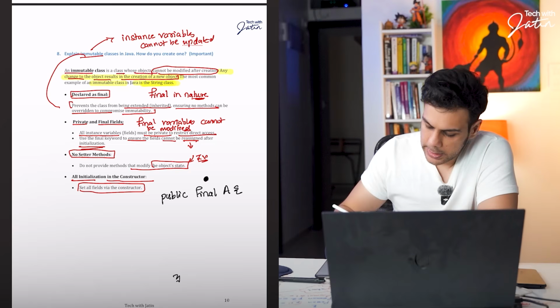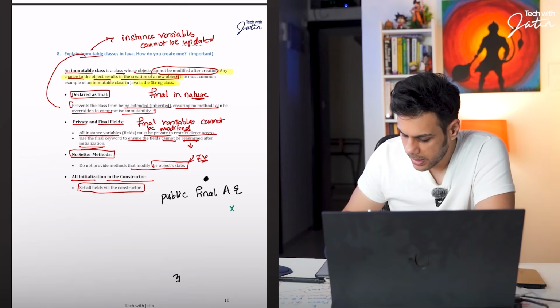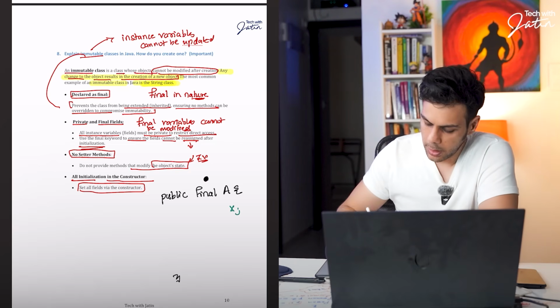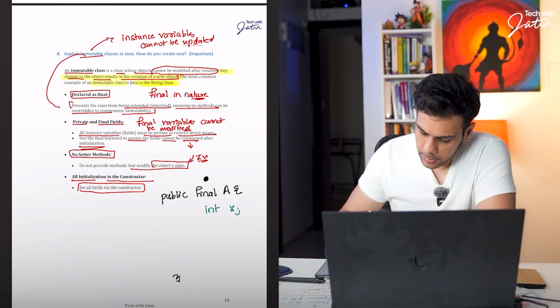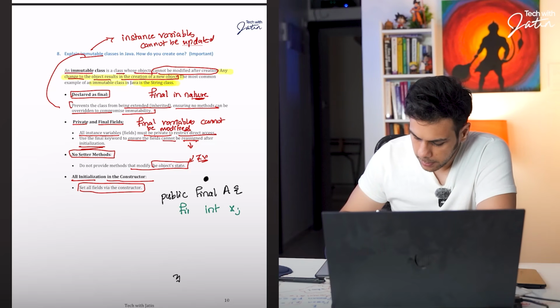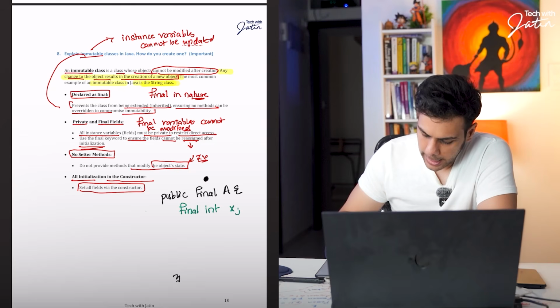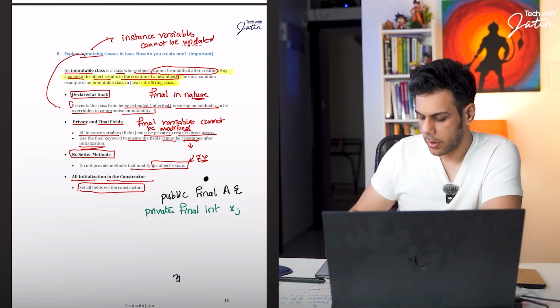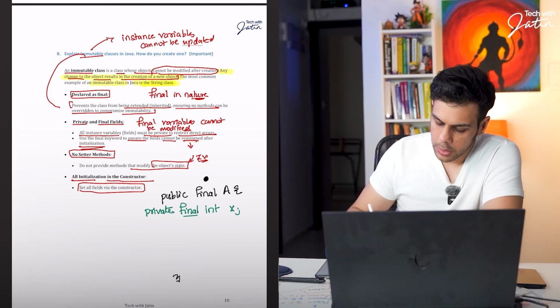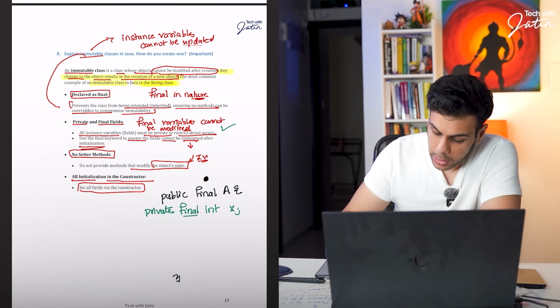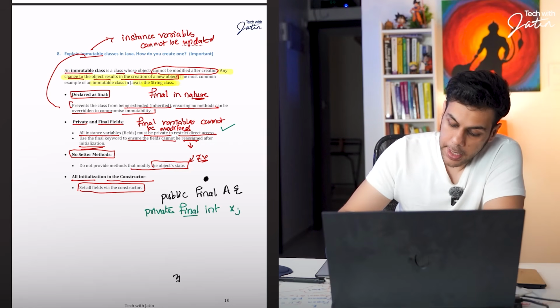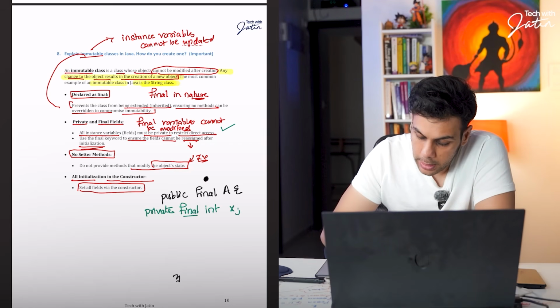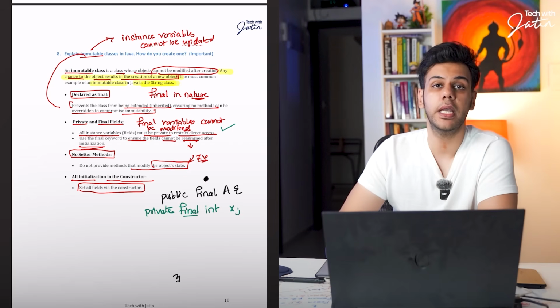The next thing is, inside this class, if there is going to be an instance variable, it is also going to be final, and it is going to be private. Clear? So X, my instance variable, is final in nature so that it cannot be modified. Inside this class I am not going to have any setter.